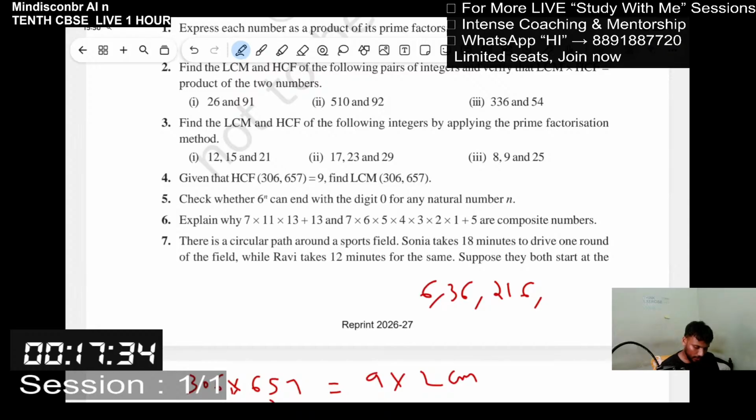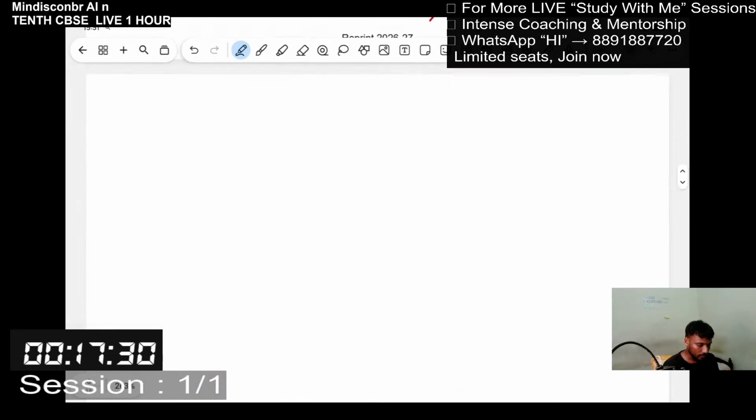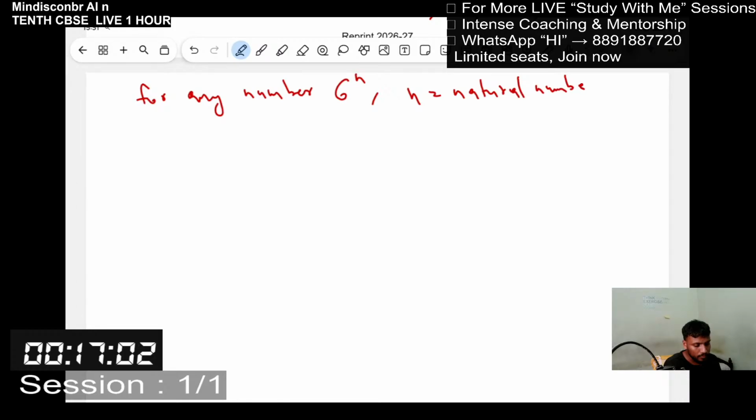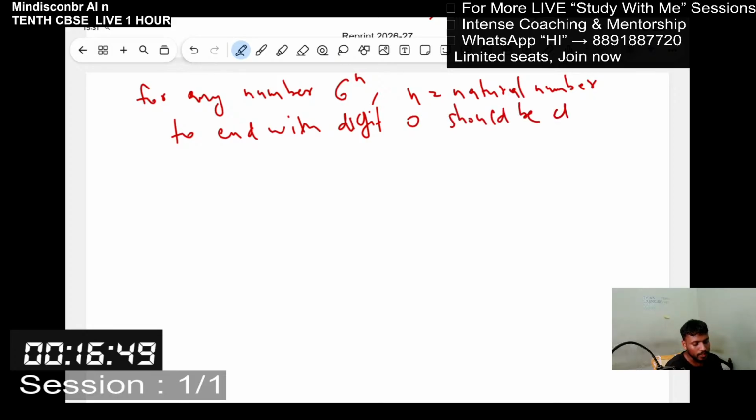For example, you first say that for any number 6 raised to n, where n is a natural number, to end with digit 0 it should be divisible by 5.